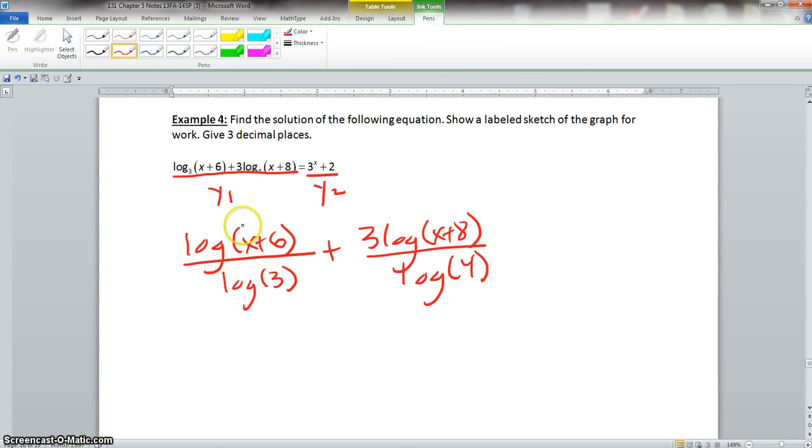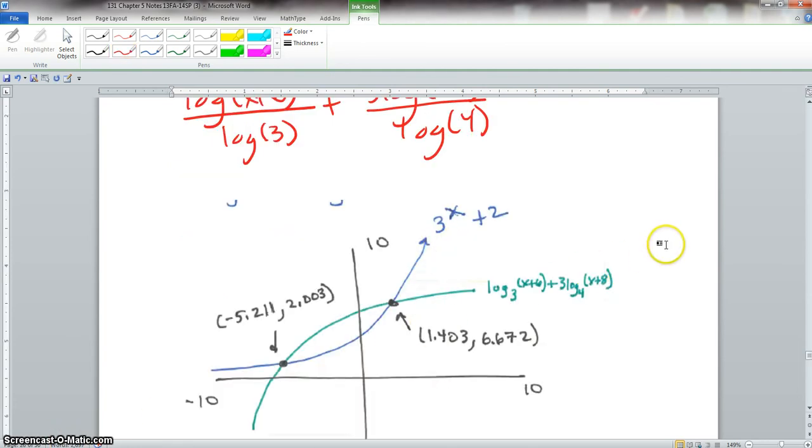Now again, we got these values by using the change of base formula. Now, you put this in your calculator and you will wind up with both of these graphs here.